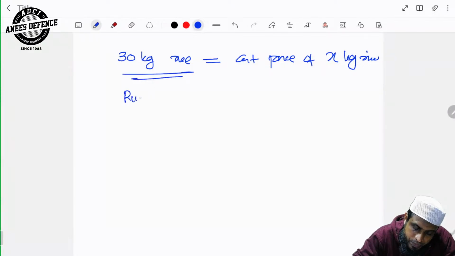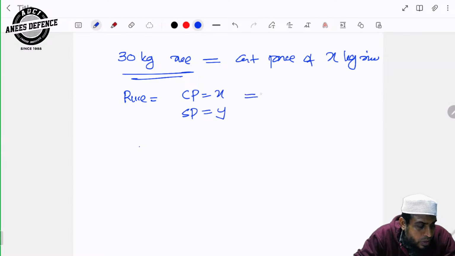Rice, cost price X, selling price Y. 30 kilogram means the selling price of 30 kilogram is 30Y. Cost price of X kilogram of rice.